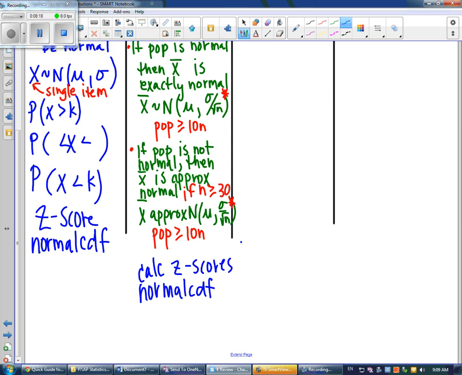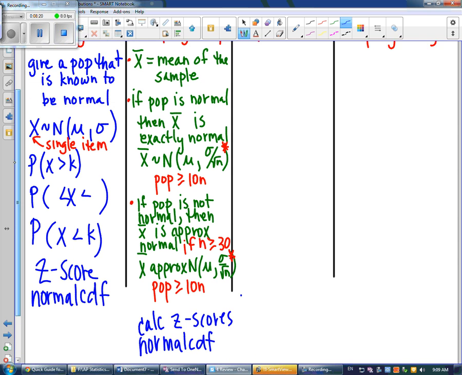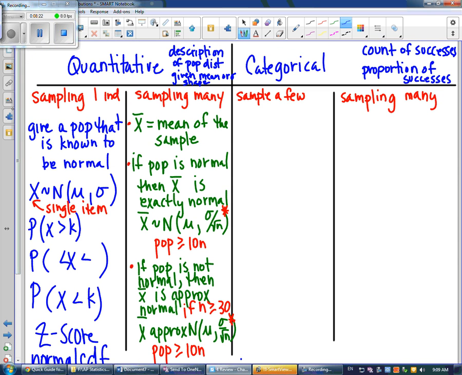Okay, so let's switch gears and talk about categorical data. If we're sampling, this is where you want to check whether it meets the binomial conditions or the sampling distribution for p hat.